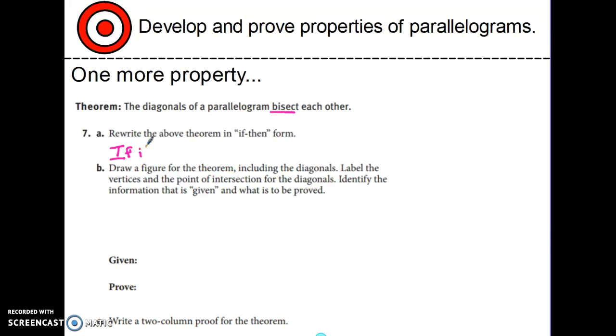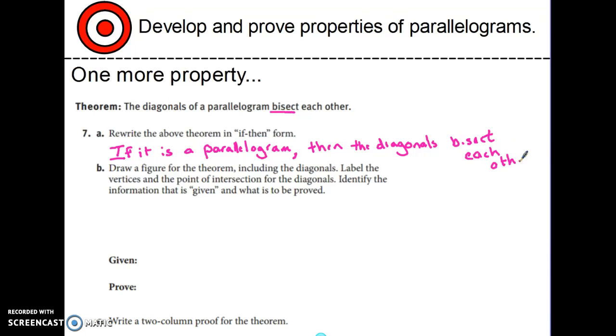So I'm just going to go with if it is a parallelogram. Then, now we're going to have all this lovely information, right? The diagonals bisect each other. Perfect. All right, let's prove it.